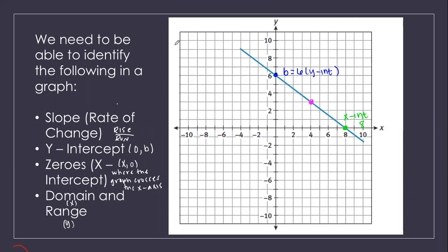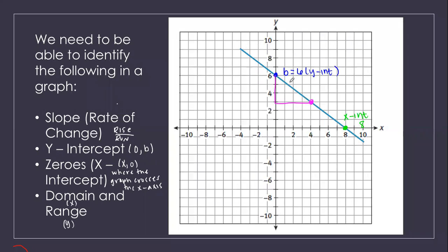Anybody got slope? Anybody got the slope? So remember, our slope is rise over run.